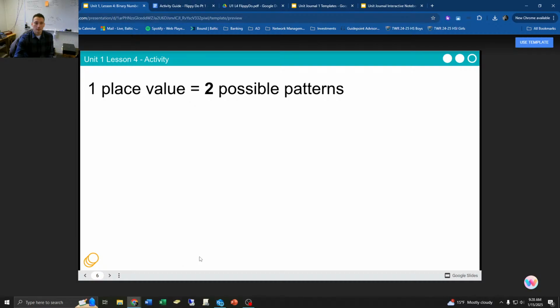All right. With only one place value, we only have two possible patterns: a circle or a square. We started with a circle, but we could have easily started with the square instead.